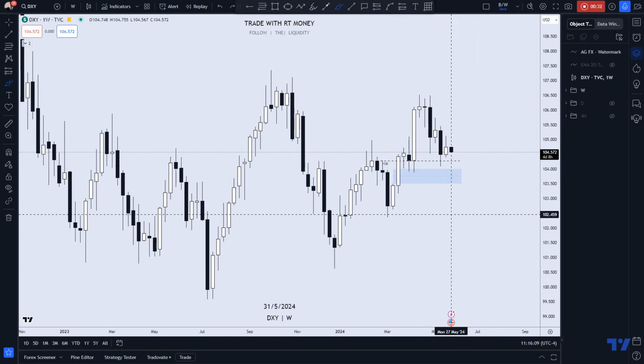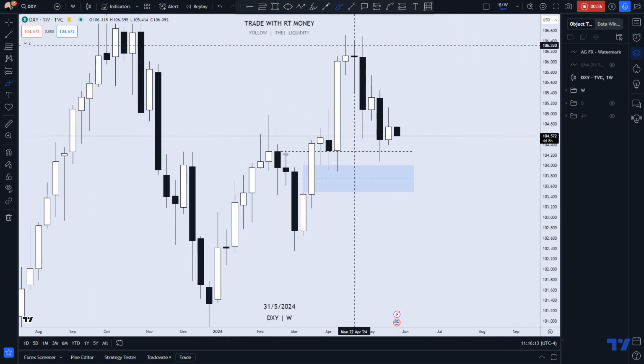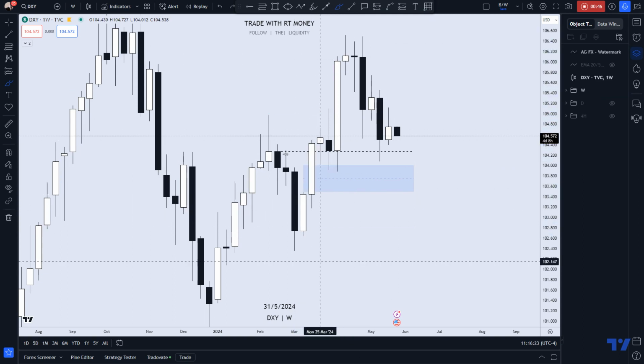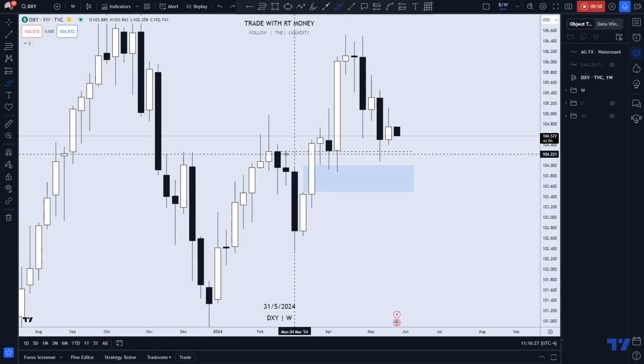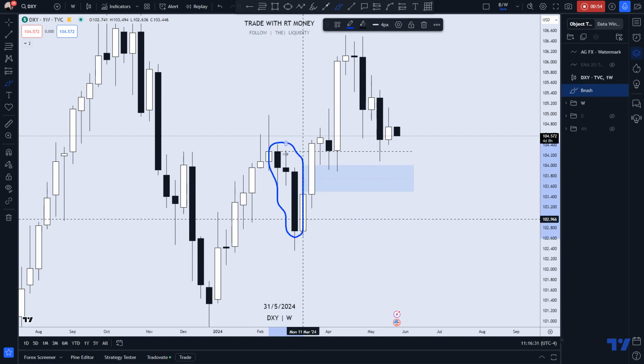Okay, so what I want you to see is that the last market structure shift that was made here was bullish, as price traded through the last swing high, right? And inside of this, you can see these down close candles, and then you see up close candles right behind it.